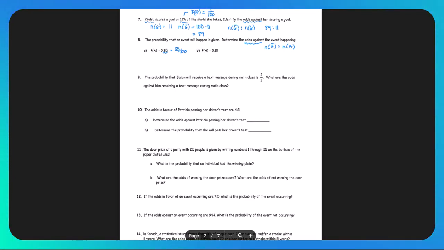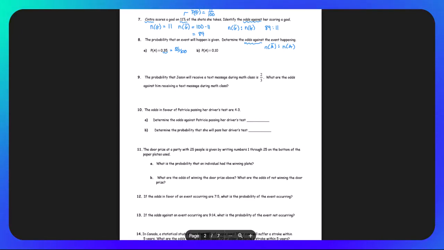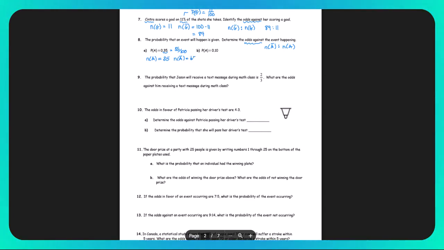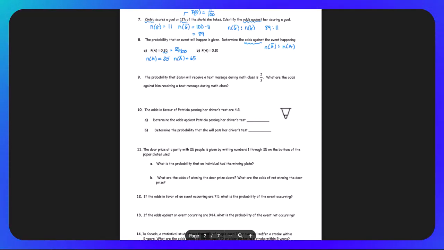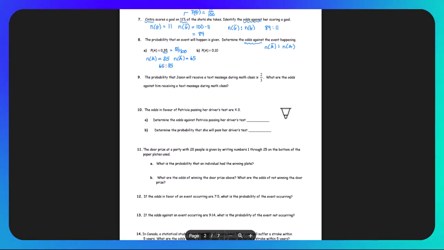So that means that in this case, out of 100, the number of the event happening is 35, which means that the number not happening is 100 minus 35, which is 65. This means the odds against are going to be 65 to 35. Now dividing both sides by 5, that's going to give us 13 to 7.